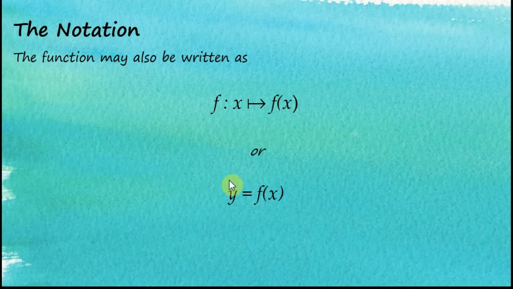And sometimes we use y to replace f of x as the image. Normally we use f of x as the image, but sometimes in some working related to functions, we replace f of x with y: y equals f of x. So these are the notations that we use in functions.